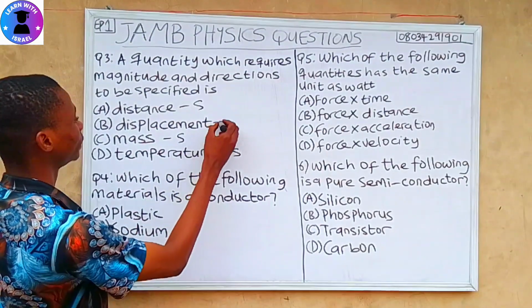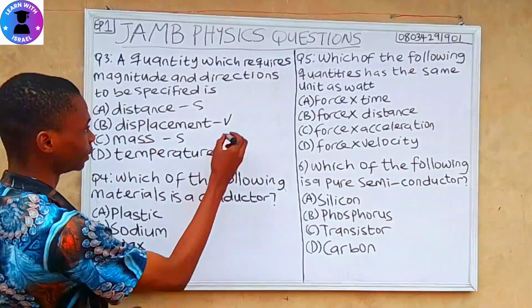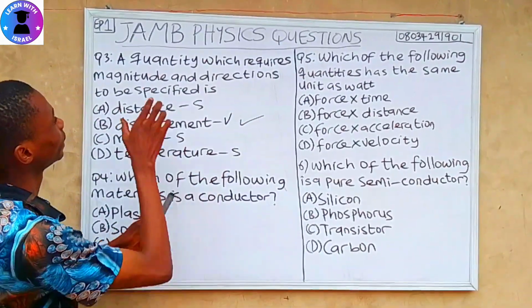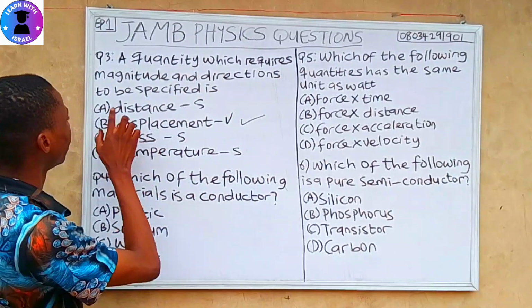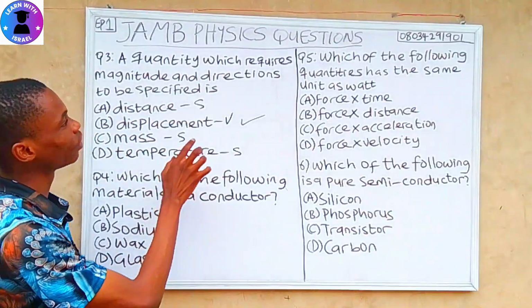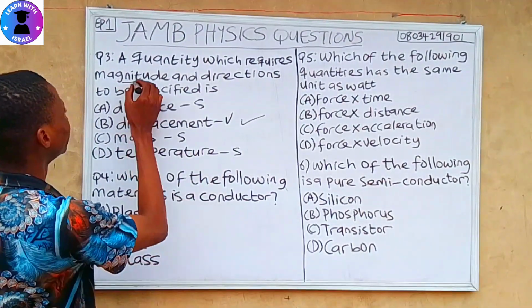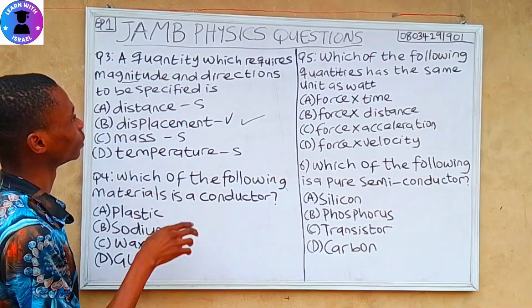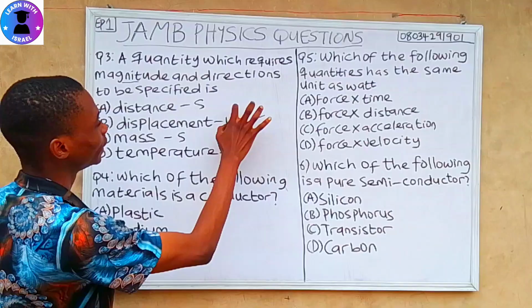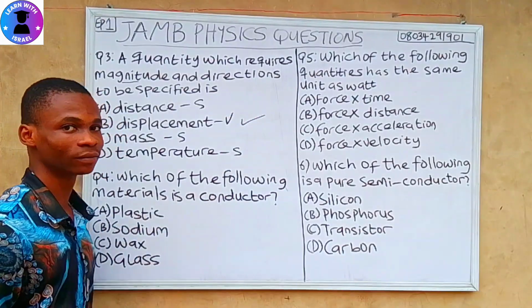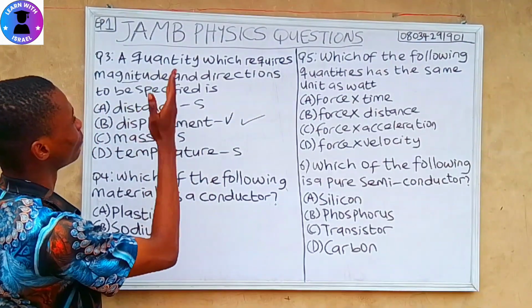The only vector quantity is displacement, which is the correct answer. Distance, mass, and temperature only require magnitude and have no direction. But the one that has the two is displacement, and that's the definition of a vector quantity, while scalars only have magnitude but no direction.